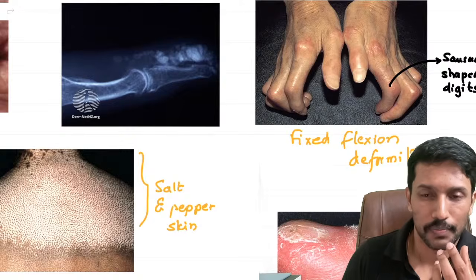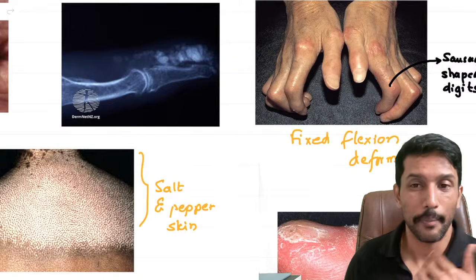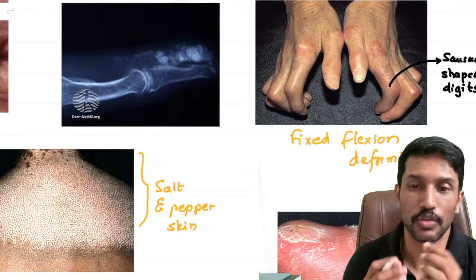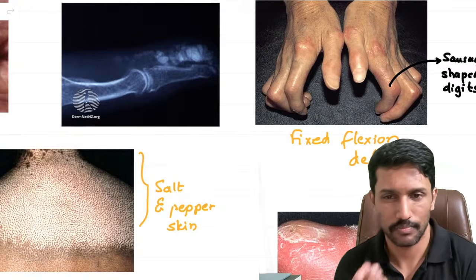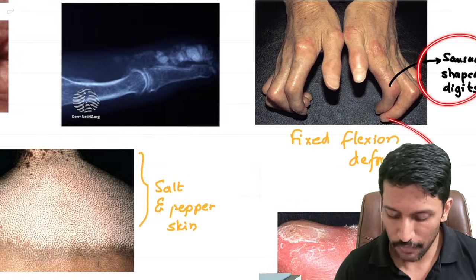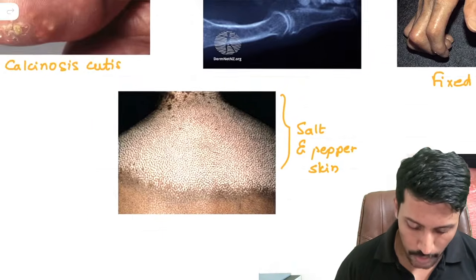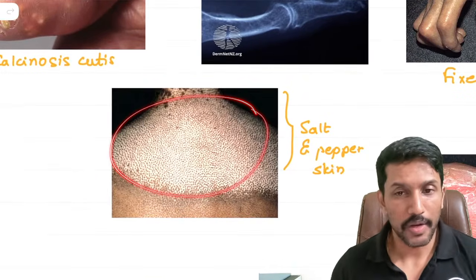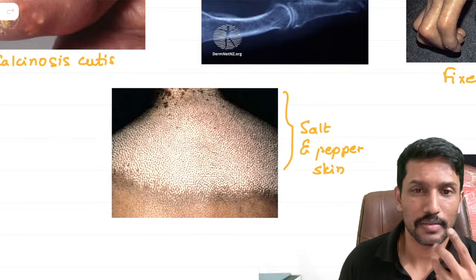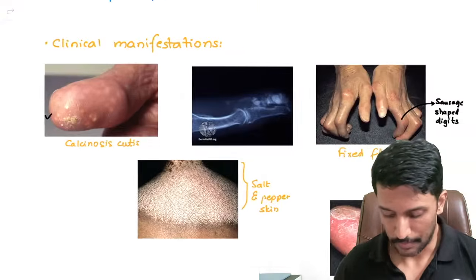That swelling of the skin and the soft tissues of the fingers makes the fingers appear like the shape of a sausage, you know, the meat sausages. So you will get sausage shaped digits and fixed flexion deformity. Then there can be loss of pigmentation around the hair follicles, giving rise to salt and pepper skin. Salt and pepper skin. Okay.